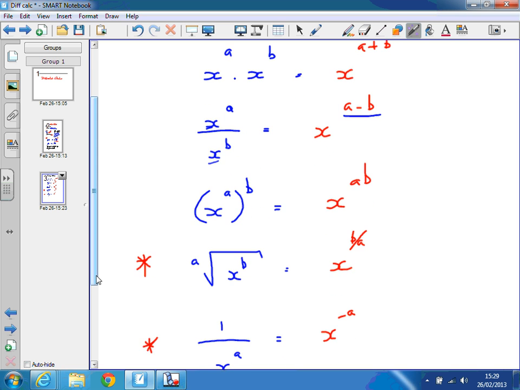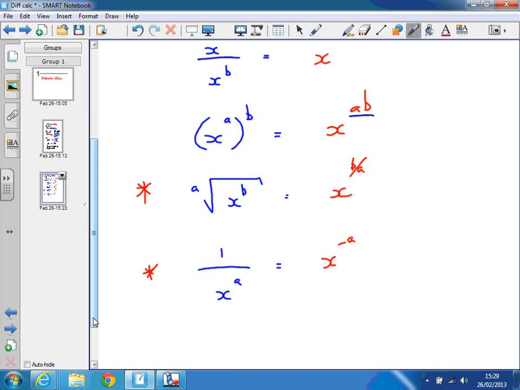If I've got one power, x to the power a, and then all raised to another power, I multiply the powers. And then the two important ones, which is why I wanted to look at these now, because they apply particularly to the general rules. If I've got a root, the eighth root, so square root, cube root, fourth root, fifth root, and so on, the number that's on the outside is the root.